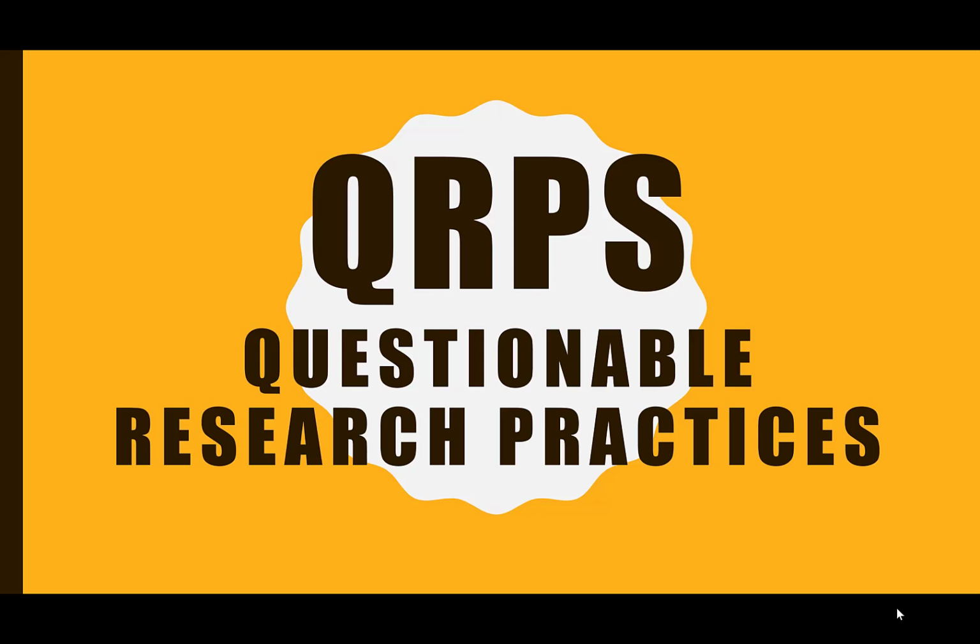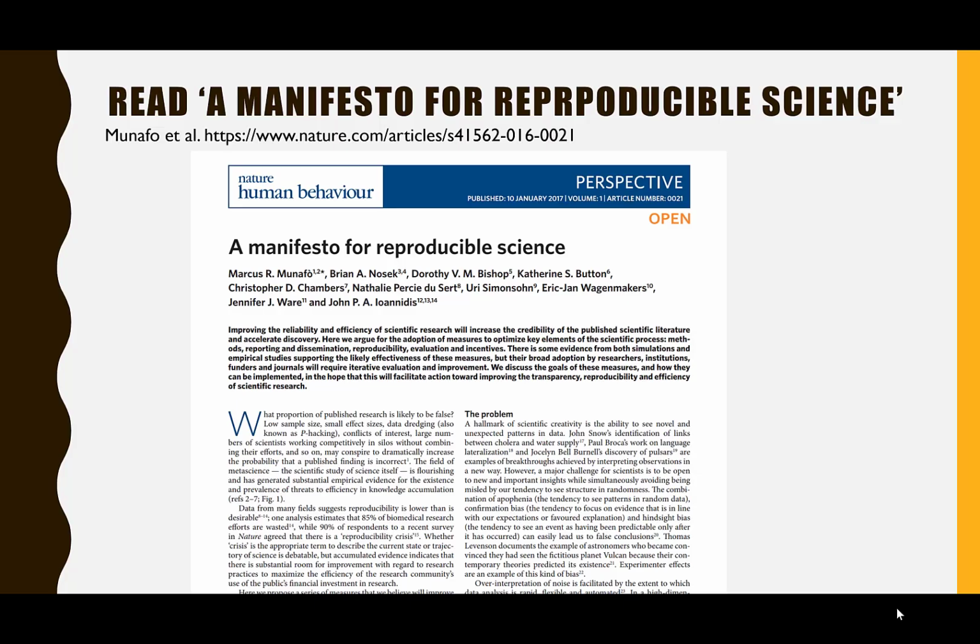What I really want to highlight are the QRPs, questionable research practices. So I'd like you to read the Manifesto for Reproducible Science. It's available free online at the URL that I've given you here, published in Nature. And here, this group actually put forward a manifesto for how we could and should in the future produce better research that is reproducible.